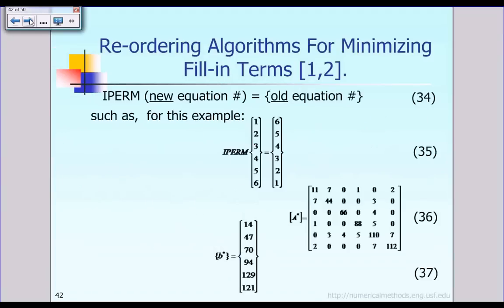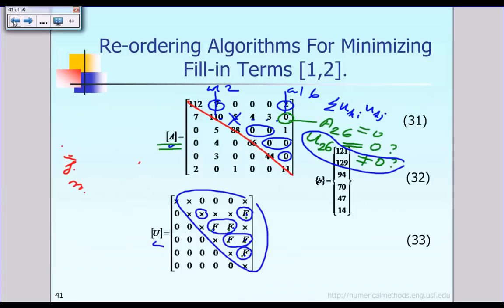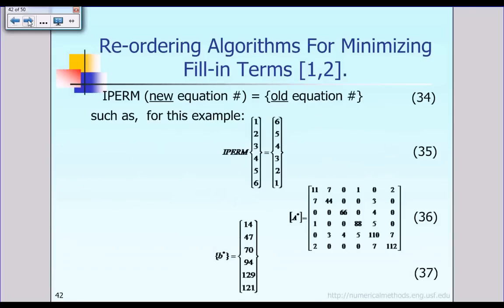Let's see. Well, it turned out that as long as you know the so-called non-zero locations of the original matrix A, there exist several algorithms that will take the given matrix A as the input, and the output of that algorithm, which you don't need to know now, will be an integer mapping array, which we call I-perm of new equation equal to old equation.